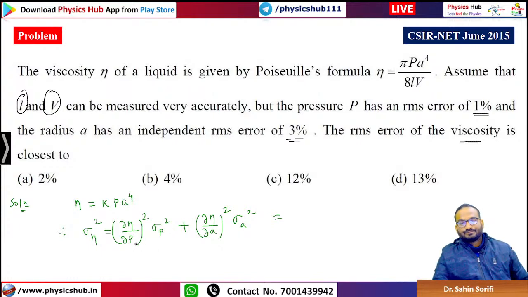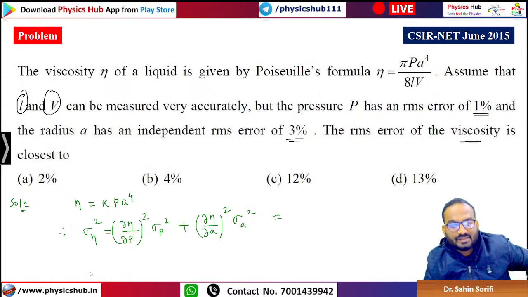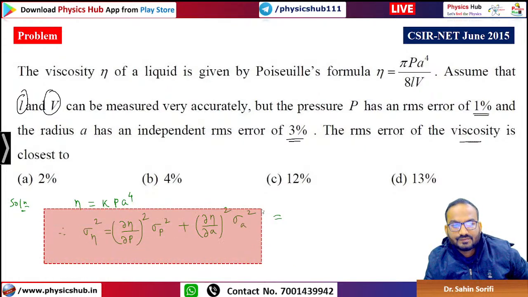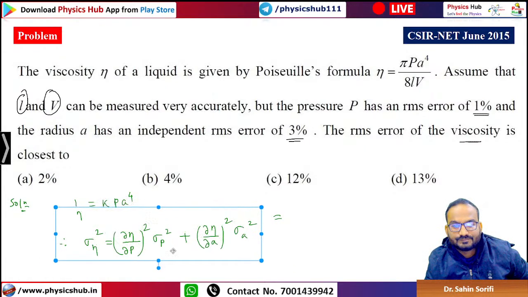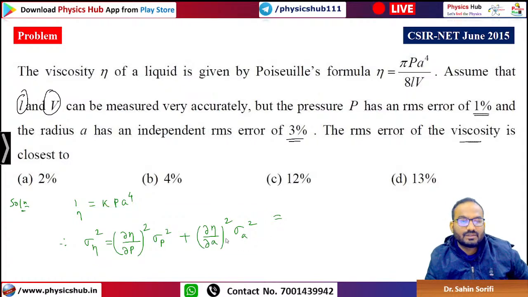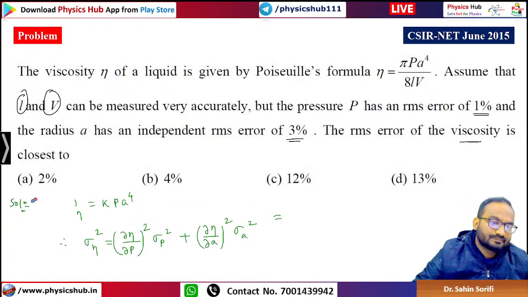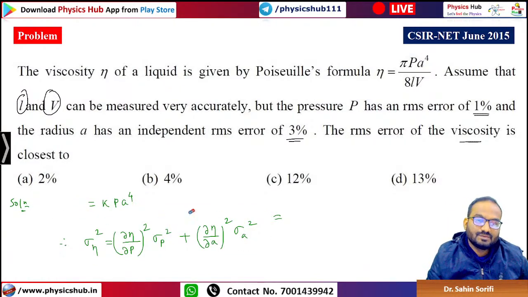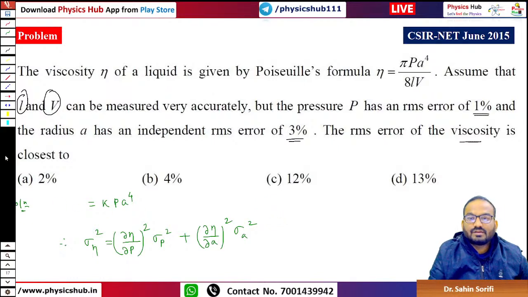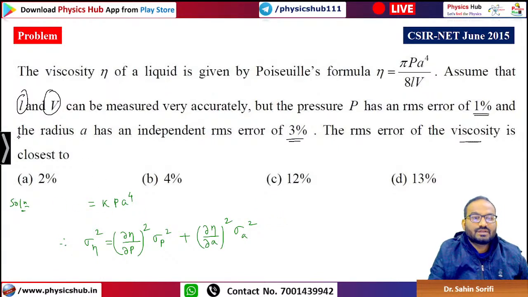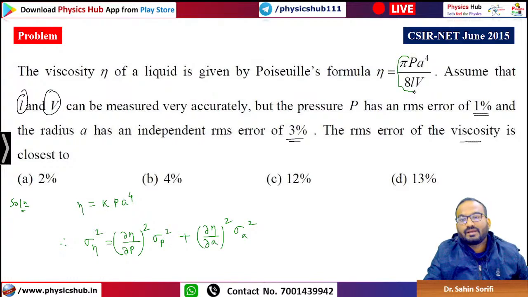To make the calculation simpler, we can do one thing. You see, the information on k is not given, k depends on pi by 8 LV.